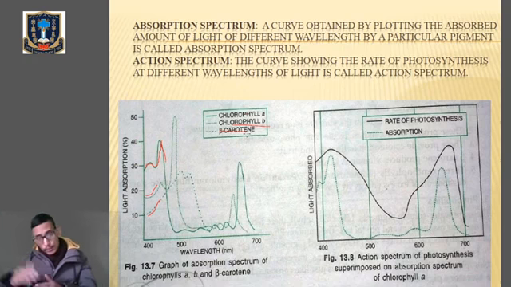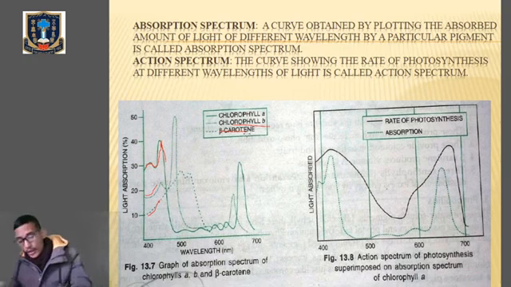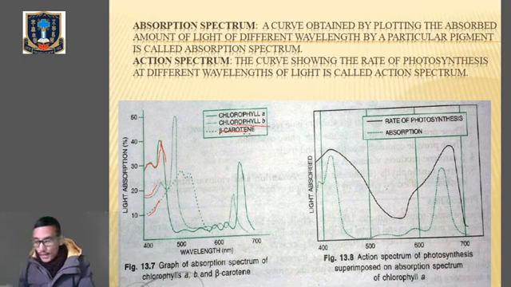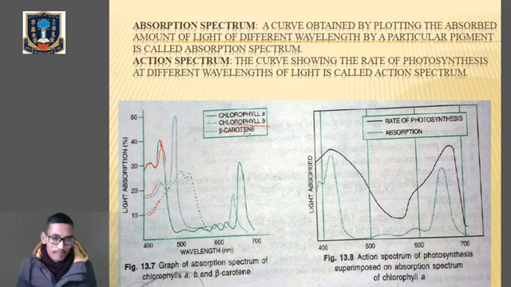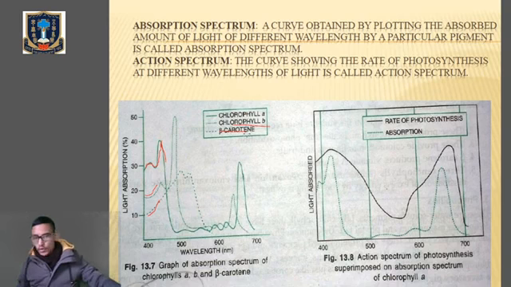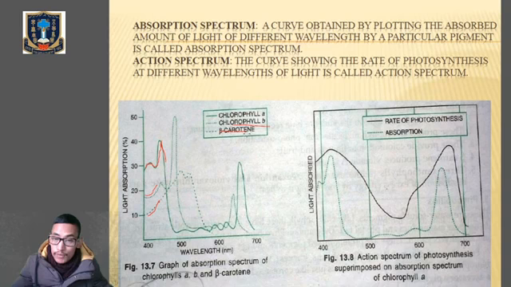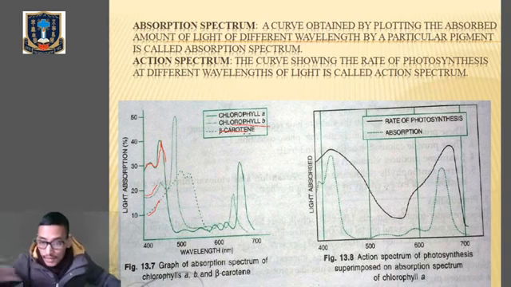But when we plot the rate of photosynthesis at different wavelengths of light, that is called the action spectrum. Clear? So figure number 13.7 is the absorption spectrum of different pigments of photosynthesis, whereas figure number 13.8 shows the action spectrum. It shows the rate of photosynthesis at different wavelengths of light.